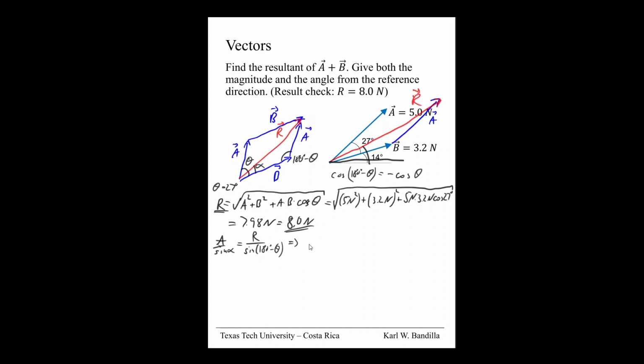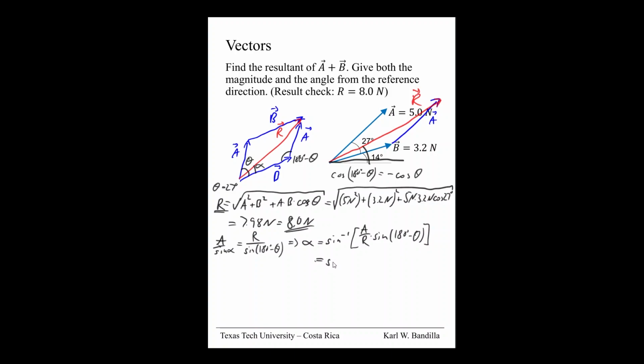If we solve all that for alpha, which is what we want to find, then we can say that would be sine minus 1, and then we brought this one over, so we need to be putting R over to the other side, so A over R times sine of 180 degrees minus theta.